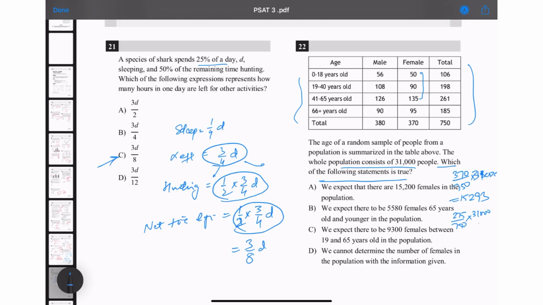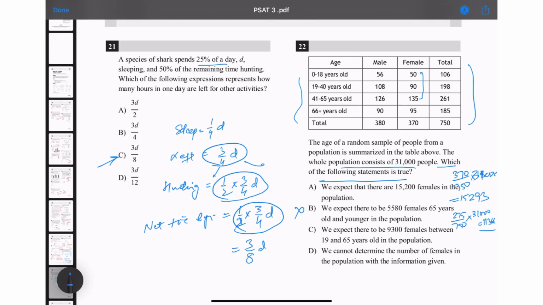Let me check, it is 275 divided by 750 times 31,000. That gives you 11,000 something, 11,366. So that is not the case.